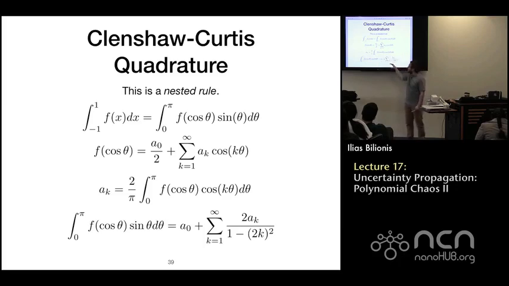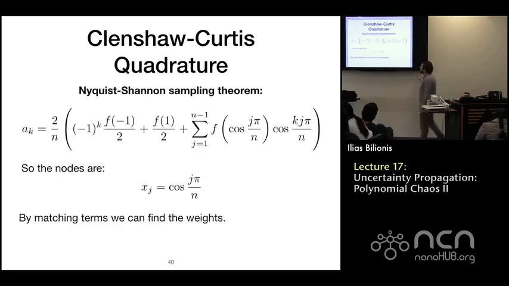Okay? And now there is a theorem from signal processing, which is called the Nyquist-Shannon sampling theorem, that actually allows you to find these coefficients exactly. So these coefficients a_k, if you're using n points, n evaluations of the function, you can find them exactly. You can find the a_k for k less than the number of nodes you're using exactly.